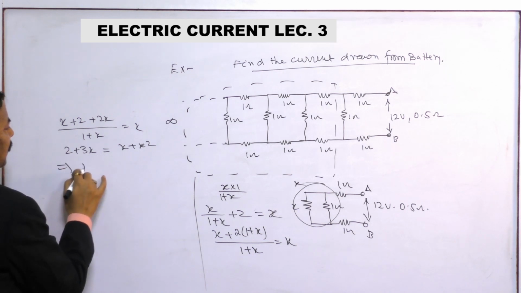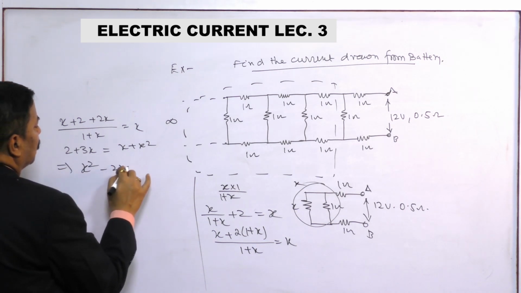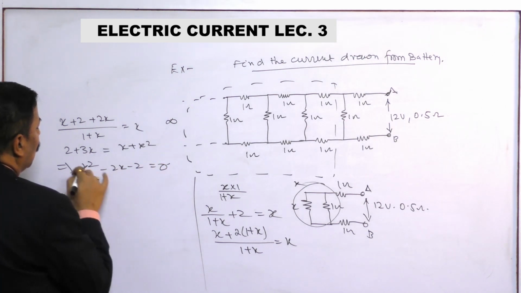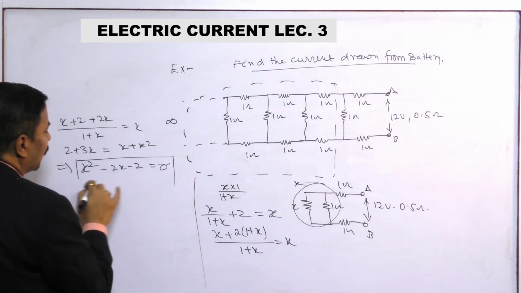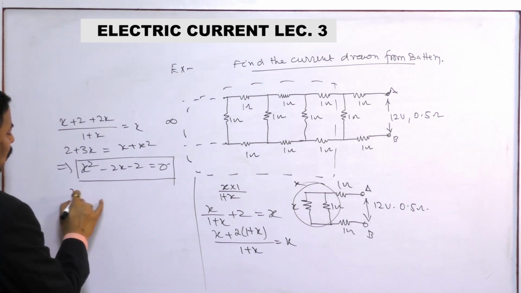This implies x square minus 2x minus 2 is equal to 0. So you are getting a quadratic equation here.